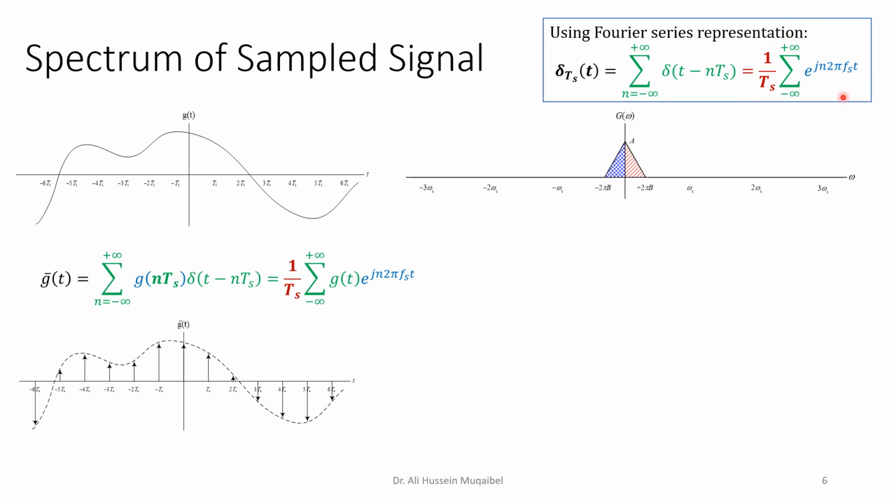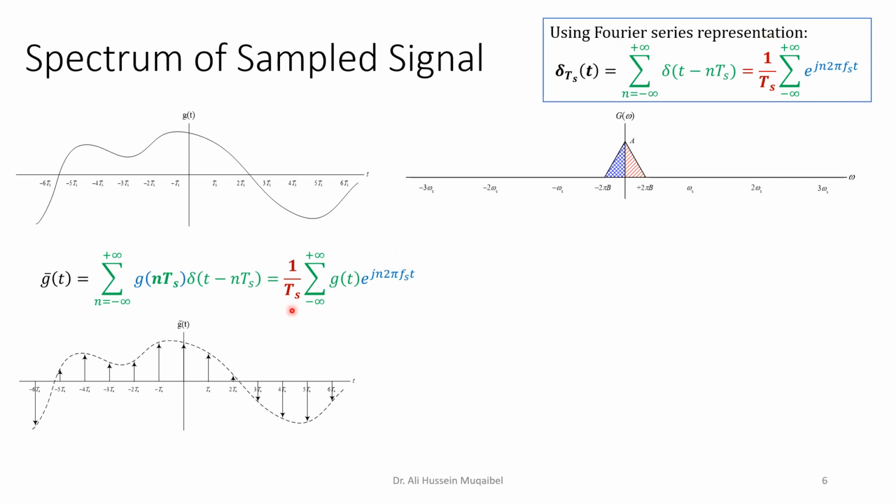So this is a Fourier series representation of the train of impulses. And we find that we have a constant 1 over Ts. The constant does not change with n, so we take it outside, and this is called the exponential Fourier series or the complex exponential Fourier series. I will take these deltas and replace them with the equivalent here, and I get the following expression.